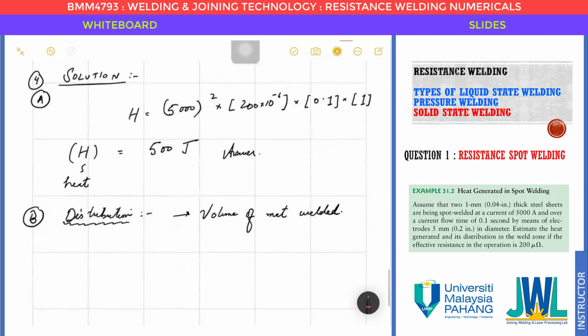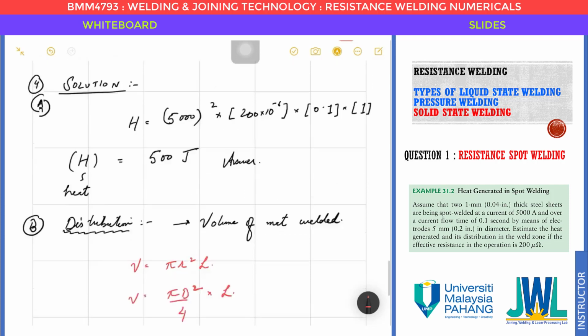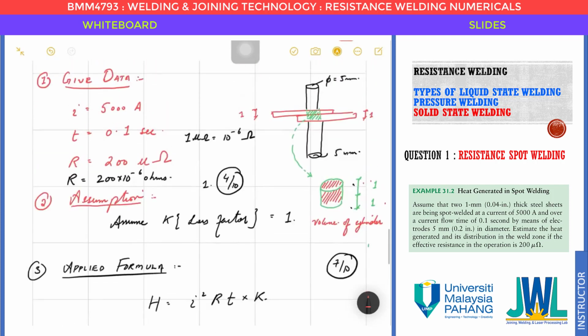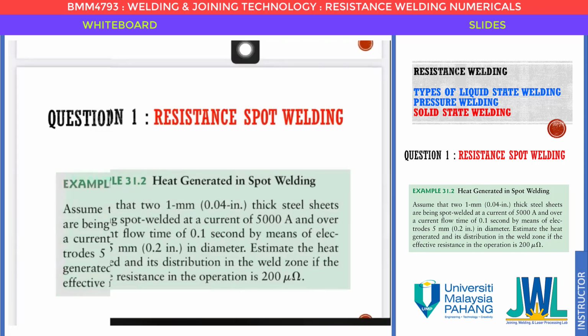So volume is equal to pi r square into length. So volume is equal to pi d square by 4 multiplied by length. Now what is the diameter? Diameter is 5 millimeters.